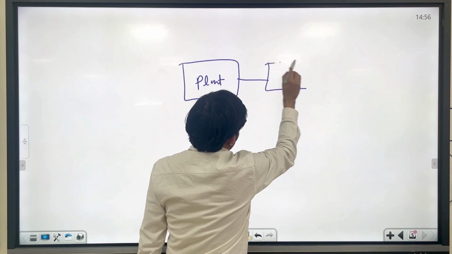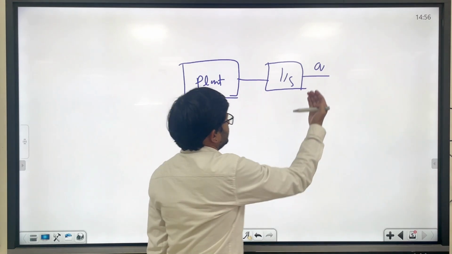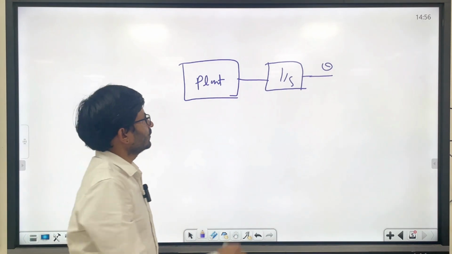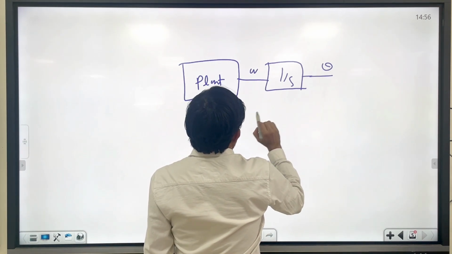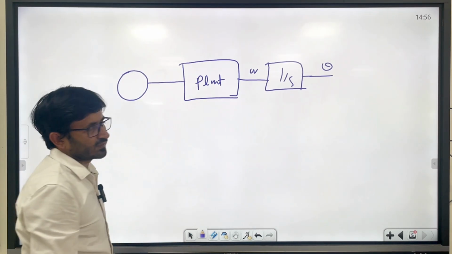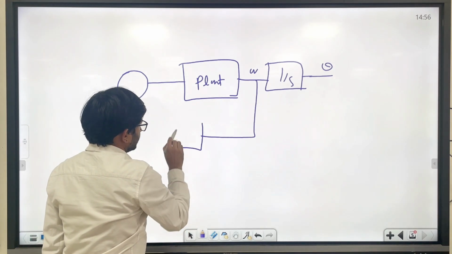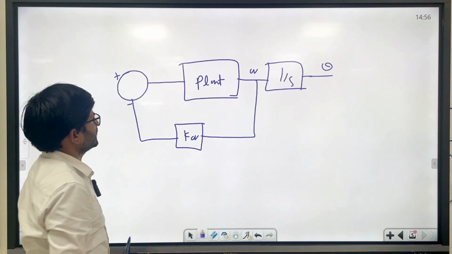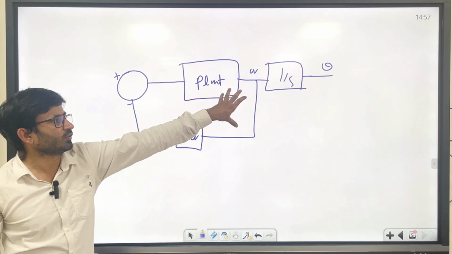When you integrate, you get theta, right? In order to ensure that your inner loop is working fine, you take a feedback, multiply by the Kq gain, and close the loop. This is the first loop, called the rate loop. Once you have tuned this loop, you move to the theta loop.